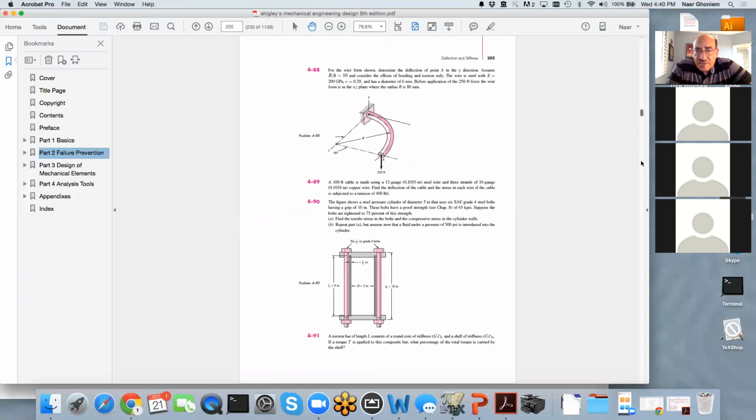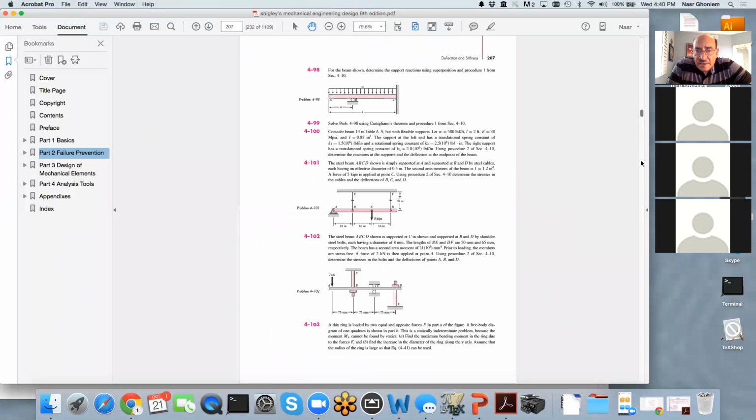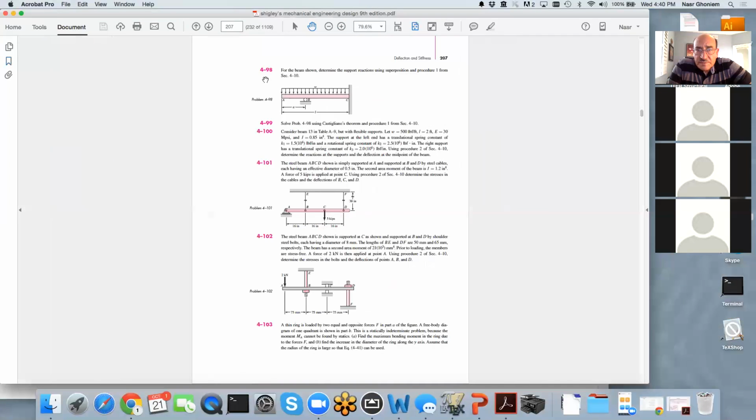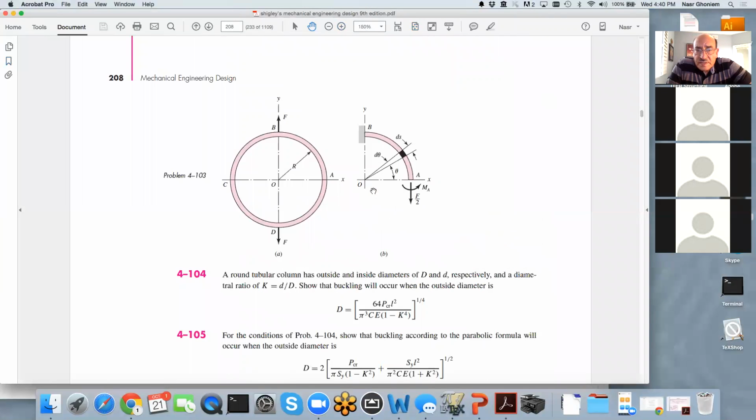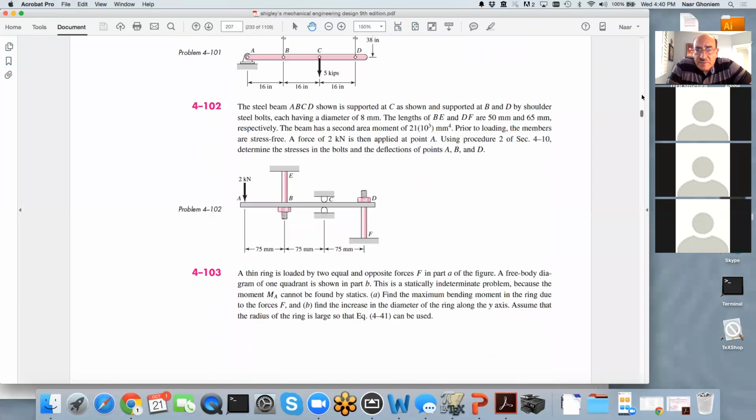So let's read it together, and then we try to learn something from it. So here's the problem. There are a few examples that are similar, like 101, you can see this example here. 102 is here. So let's see 102 and we think about it together.